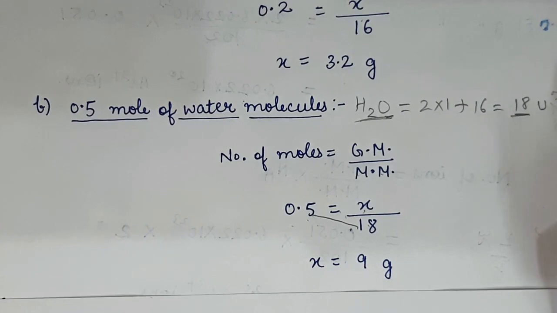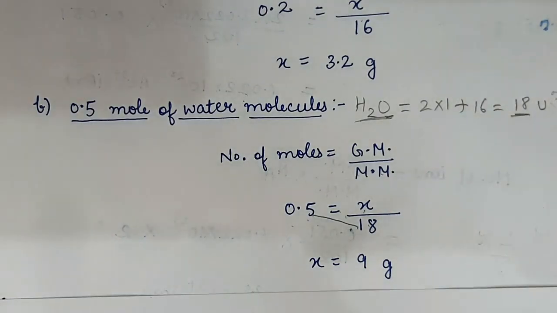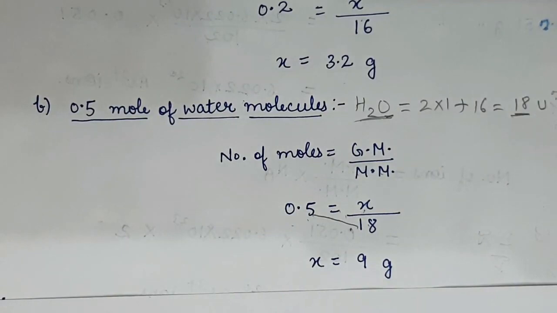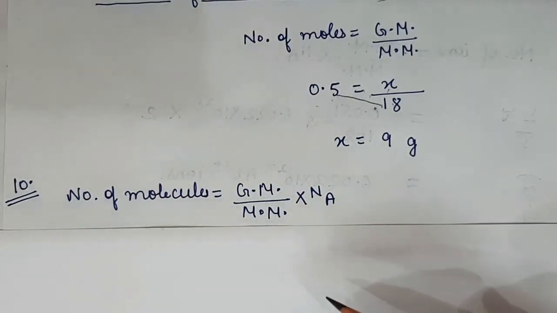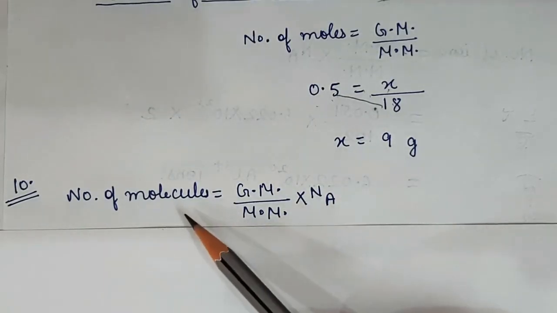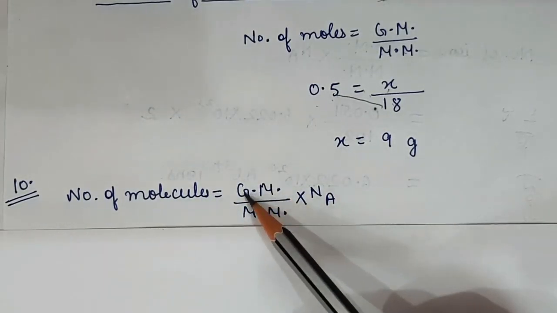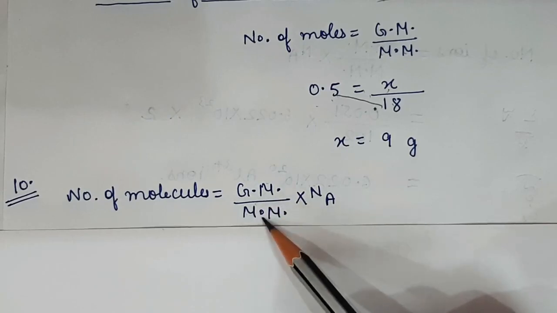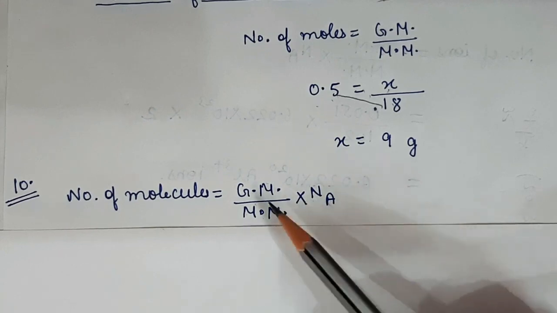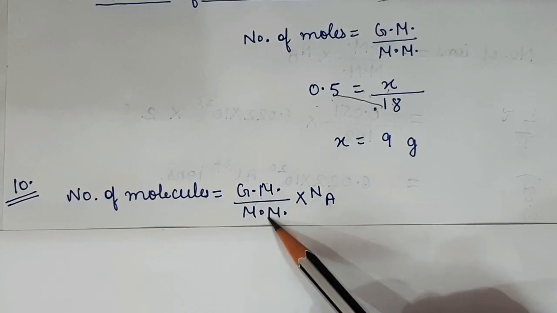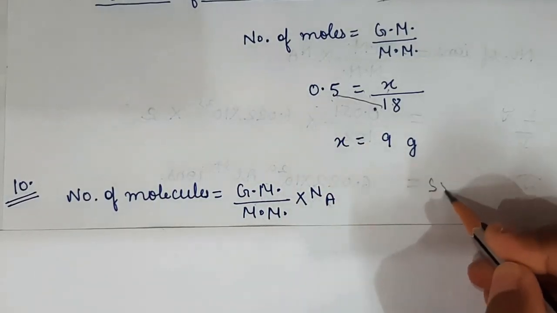Coming to question number 10. Calculate the number of molecules of S8 present in 16 gram of solid sulfur. So you have to calculate number of molecules. Just apply the simple formula. Number of molecules is equal to given mass divided by molar mass into Avogadro's number. Given mass is given in the question, that is 16 gram, and molar mass of S8.